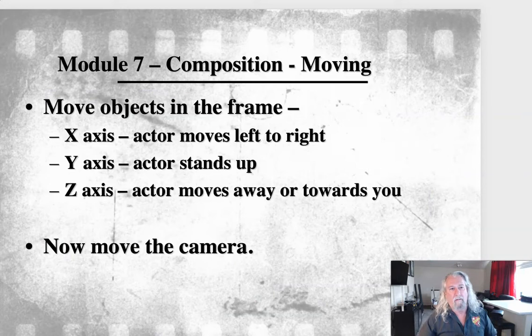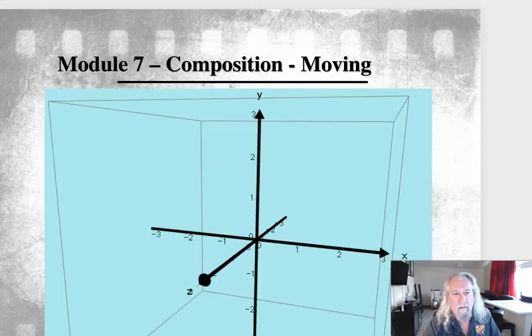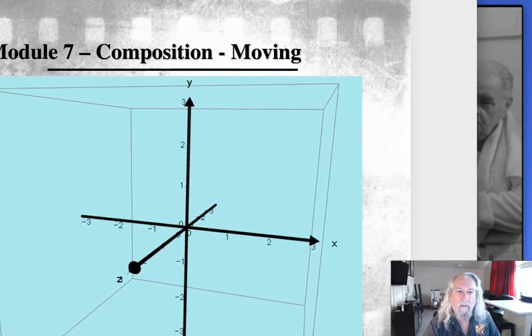And now, not only do I get to move the objects in the frame, I get to move the camera. And think about that, because the camera can also move on any of these three axes. So I can move the camera and do a dolly on the x-axis as my actor is moving away from me on the z-axis, right?